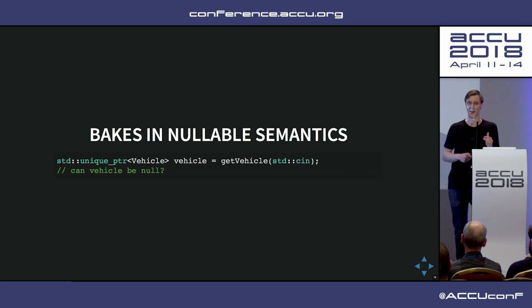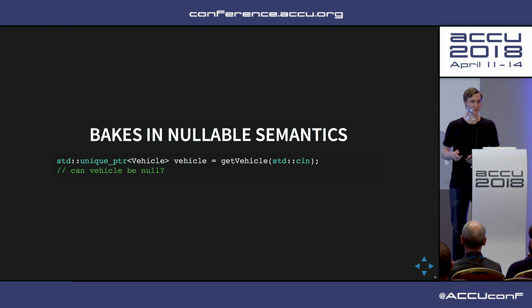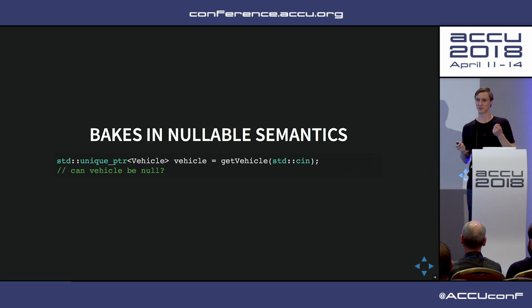And that's really bad, because now I have to check whether it's nothing at all all the time. Or I don't check and then I'm playing with fire. So that's a very unfortunate side effect of using pointers all over the place for runtime polymorphism.